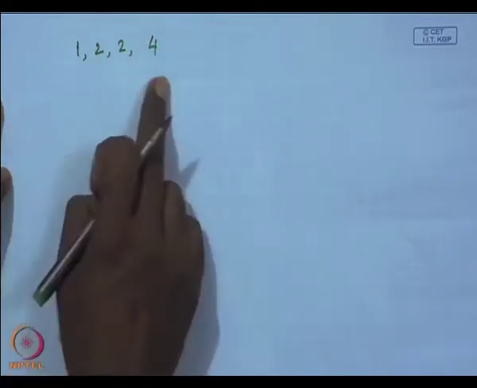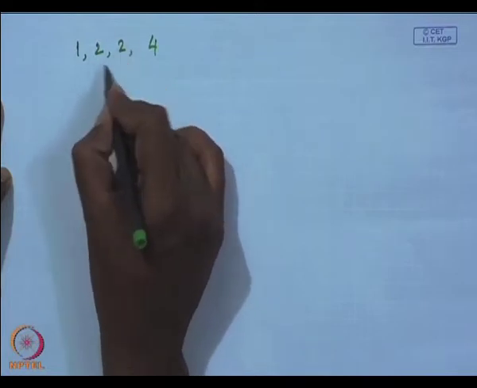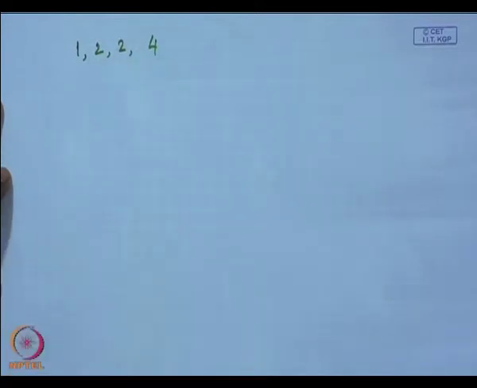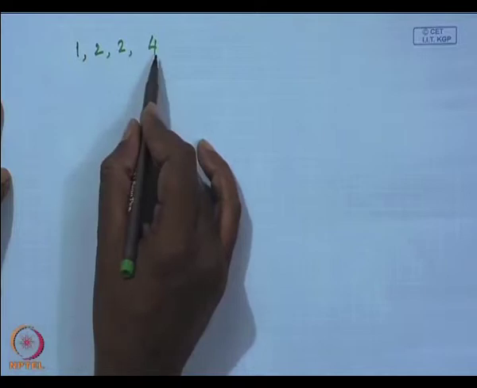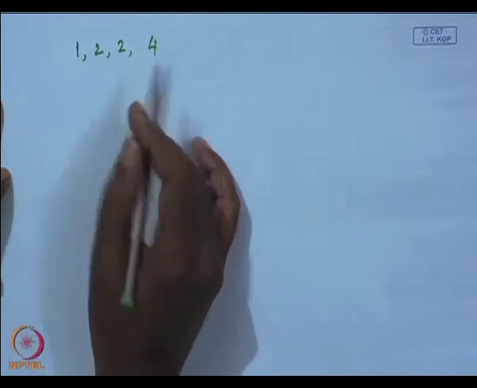Then obviously I have to place 2 windows at location 2, and total number of samples that I have is 4. So, area under every window will be 1 upon 4, and let us assume that the width of the window I use is the same, equal to 2.